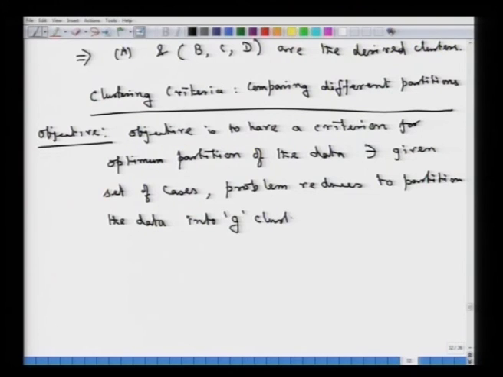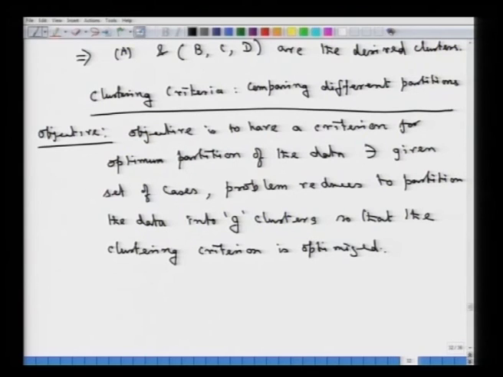Now, G is a number which has to be derived, so that the clustering criterion is optimized.